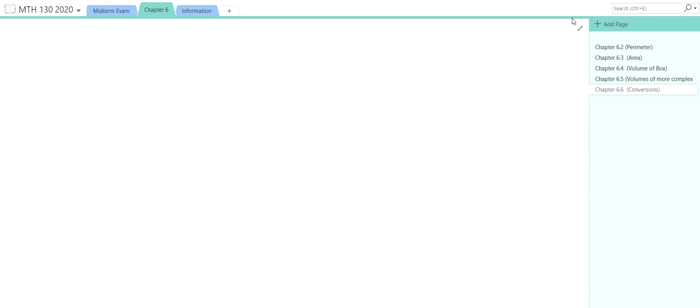Okay, so we can use this approach to handle all conversions. Suppose I have 21 kilometers and I want to figure out how many feet there are here.